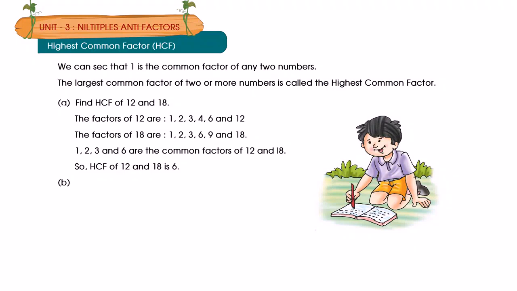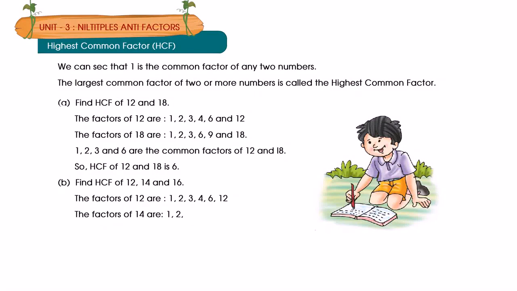B. Find highest common factor of 12, 14 and 16. The factors of 12 are 1, 2, 3, 4, 6, 12. The factors of 14 are 1, 2, 7, 14.